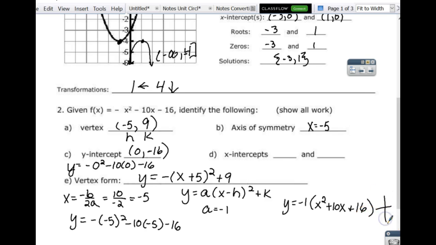So when I do the t-chart, I have 16 and 10, which is going to be 8 and 2. So what does that make my actual 8 equal to? If I set that equal to 0, it's negative 8, right? So this is negative 8 and 0, and this is negative 2 and 0.